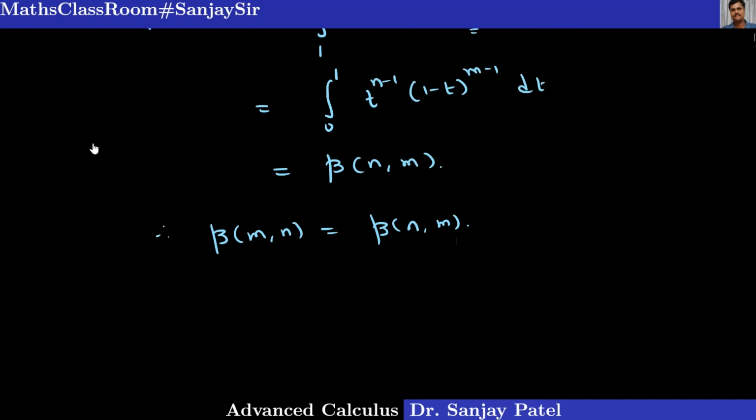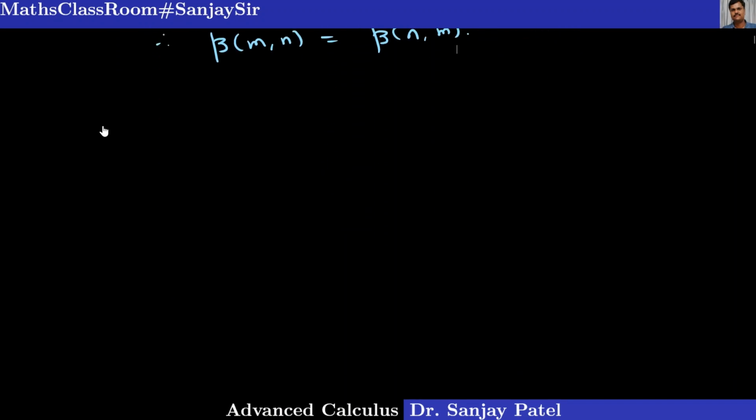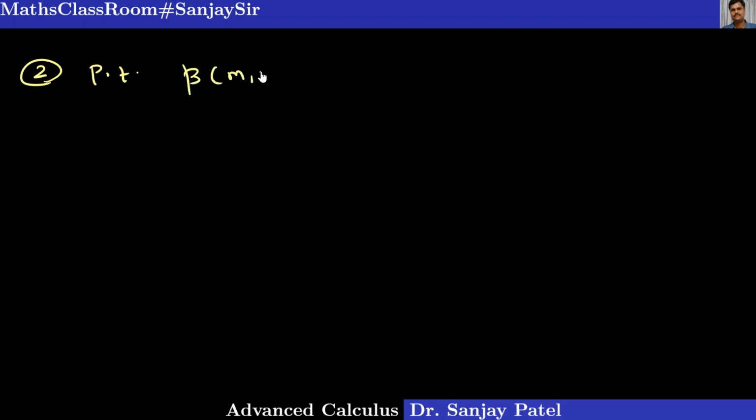Let us prove the second result, which is very, very simple. So the second result is, prove that beta m comma n is equal to beta m plus 1 comma n plus beta of m comma n plus 1.